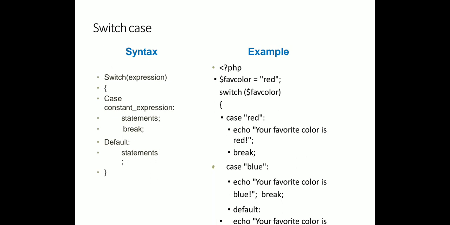So now I am going to define the cases for color. Case red, if the case is red, echo your favorite color is red and break the statement or break the loop. Second case blue, it will print your favorite color is blue and break the loop.